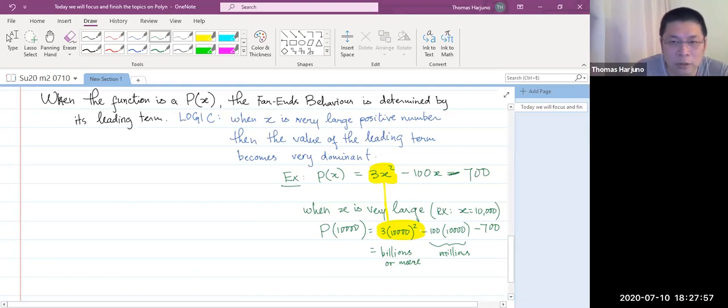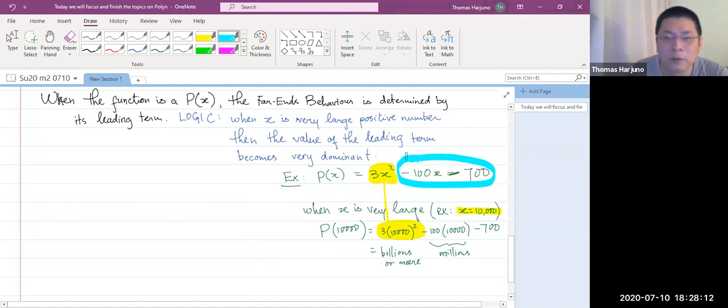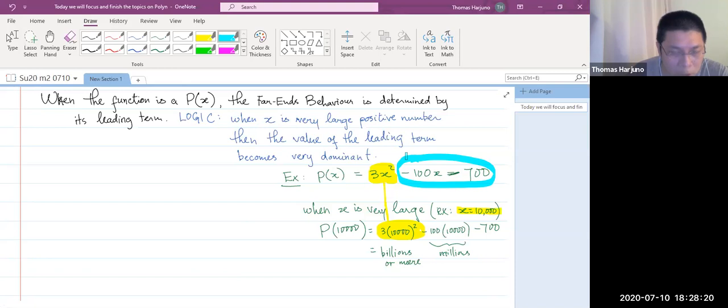What I'm saying is that when x becomes a very large number, the contribution of the remaining terms is not significant anymore. The value of p(10,000), p(100,000), or p(1 million) is basically decided by the leading term.